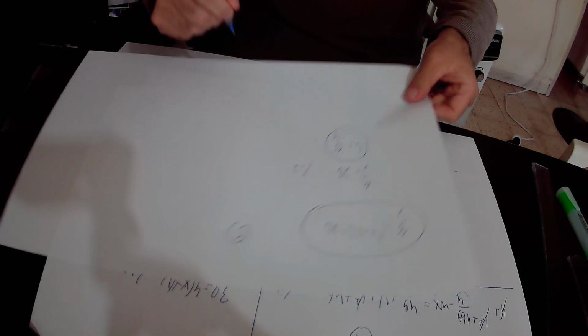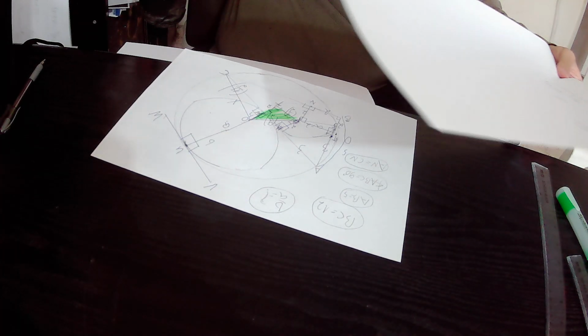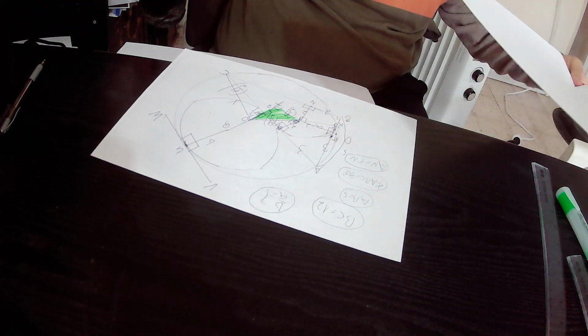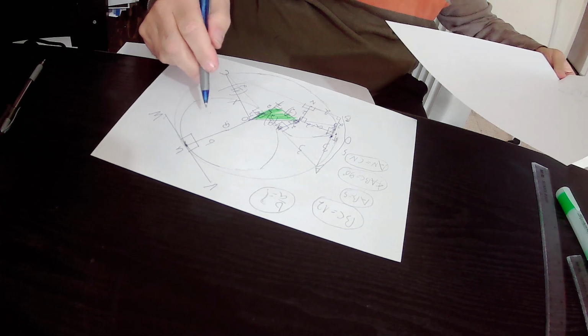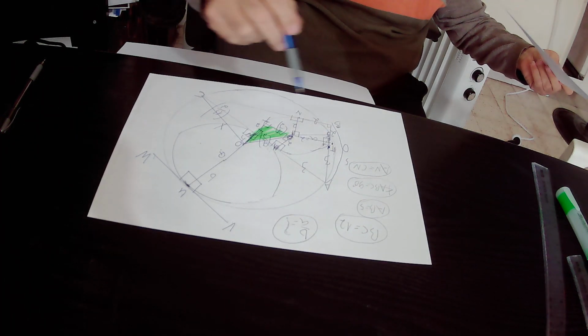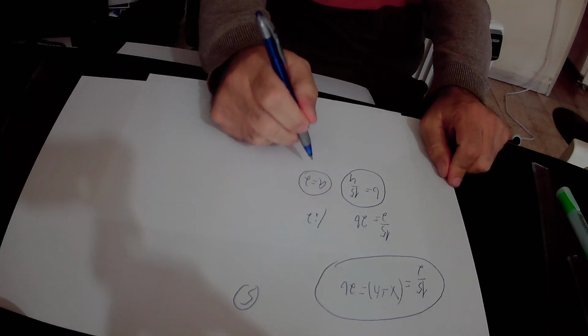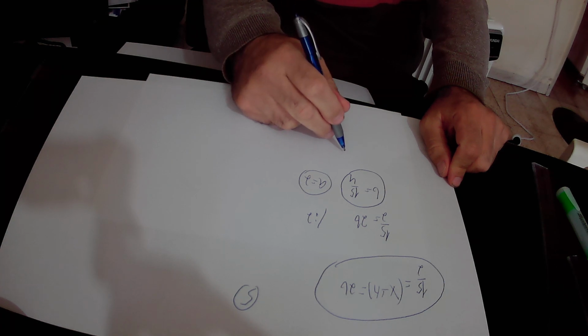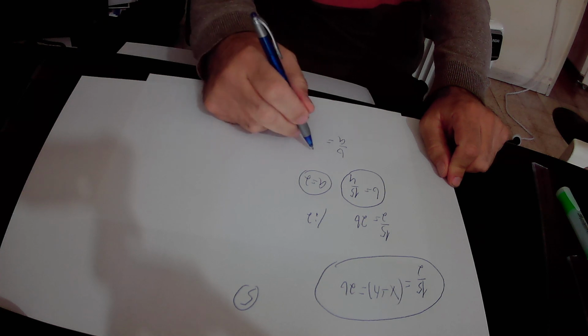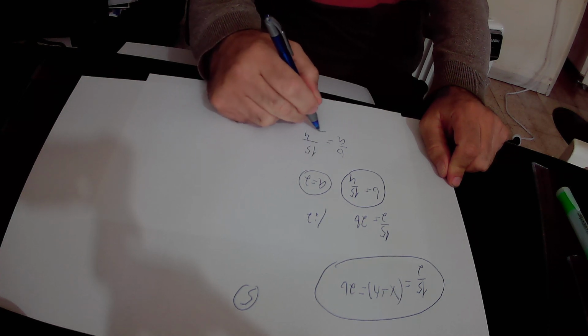So the radius of this circle b equals 15 over 4 units, and we already found out that the radius of this circle a equals 2. So what is the ratio of b over a? b equals 15 over 4, a is 2.